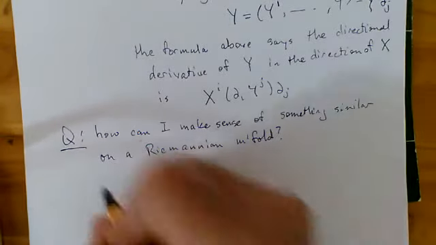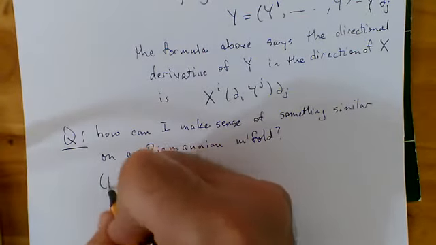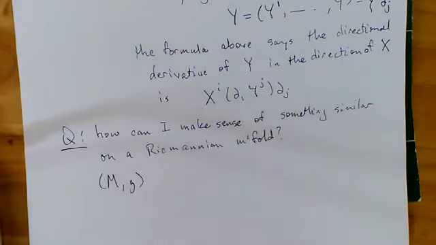So let's remember that we are on a Riemannian manifold. We have an M equipped with a metric G.